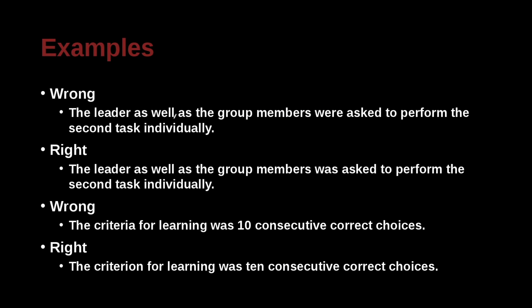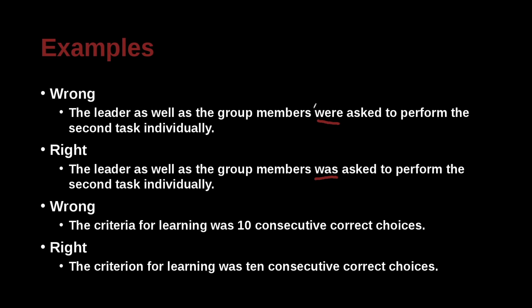The leader as well as the group members were asked to perform the second task individually. The leader as well as the group members was asked to perform the second task individually. Now this one's a little bit harder, isn't it? The leader as well as the group members.